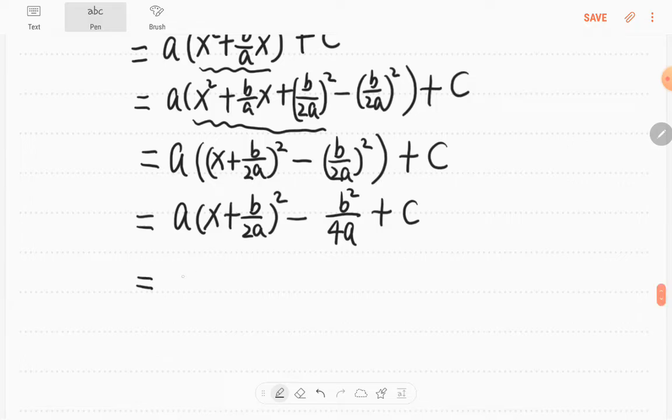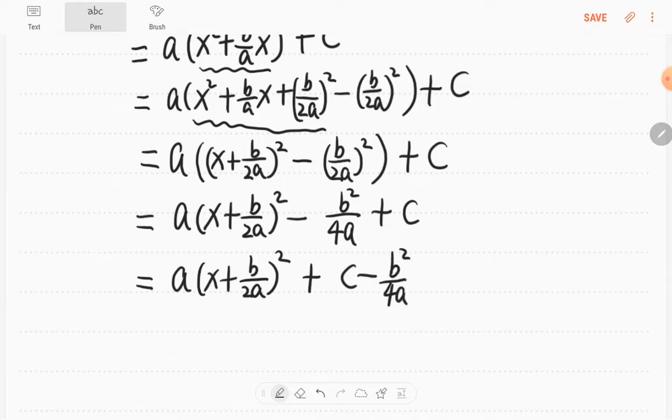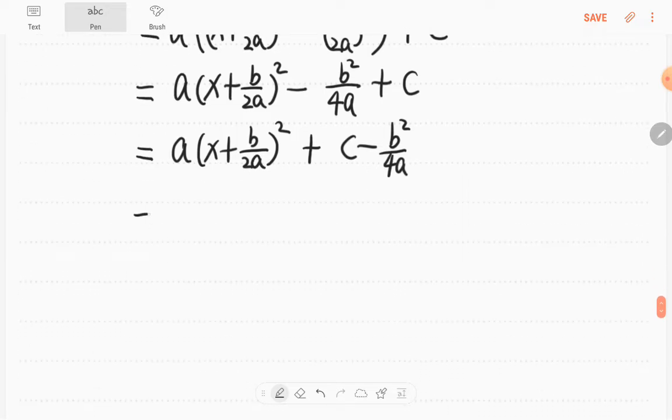So this can be written as a times (x plus b over 2a) squared, then plus c minus b squared over 4a. Or you can combine these two terms if you want.